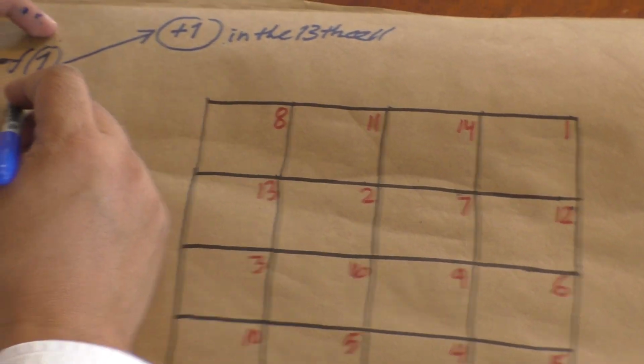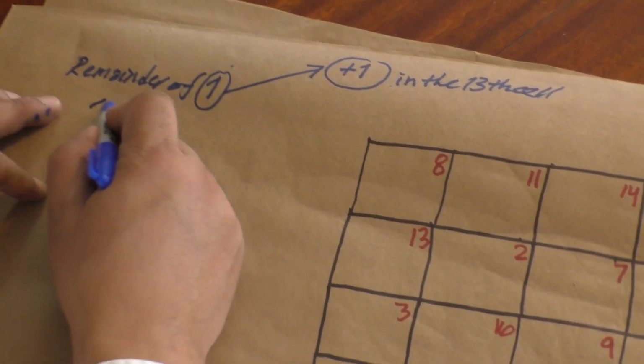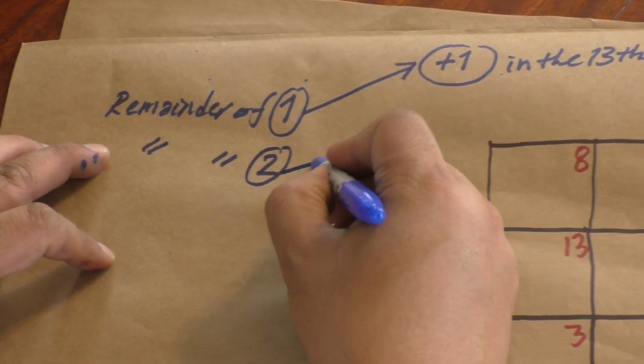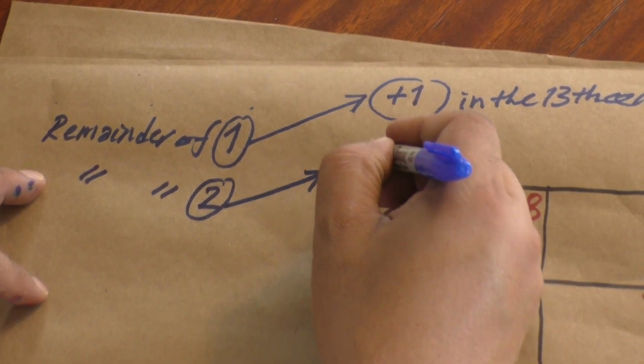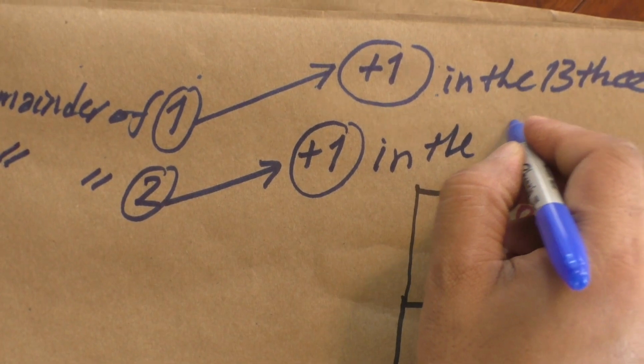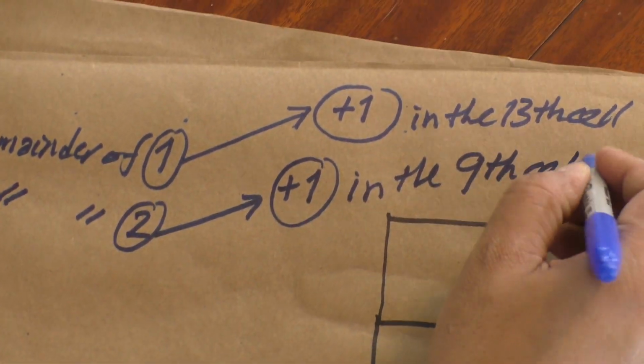All right? So if you have a remainder of 2, this means that you would increase by 1 in the 9th cell.